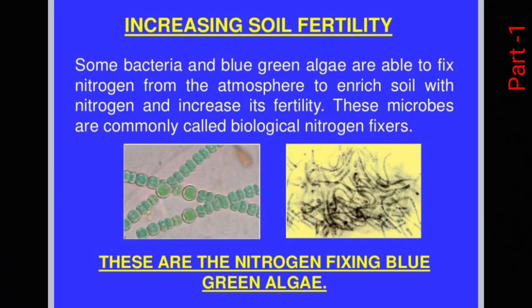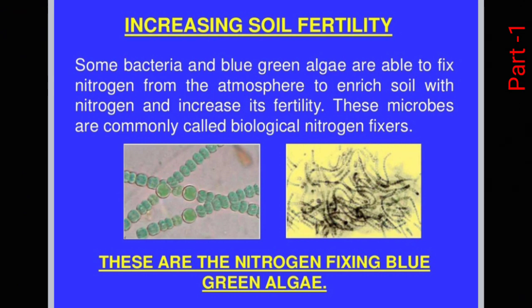Some bacteria and blue-green algae are able to fix atmospheric nitrogen to enrich the soil. Enrich means to increase the fertility of soil with nitrogen. These microbes are commonly known as biological nitrogen fixers, because they are fixing nitrogen from the atmosphere.